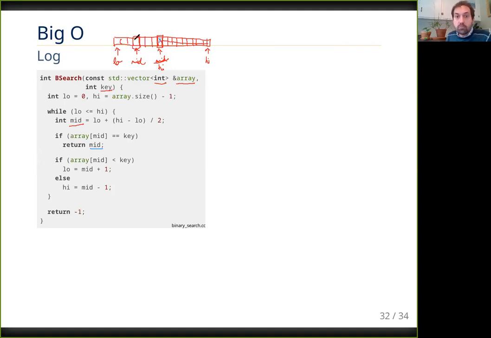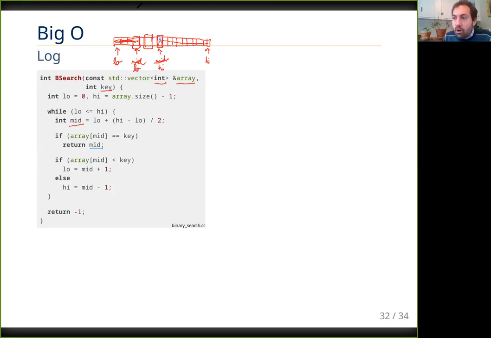And maybe, no, this one is smaller than what we're trying to look for. So that would discard all of that half. And now mid would become the new low. And we would go find the middle item in between here. And so every iteration, we're reducing the amount of items that we're looking into by 2.